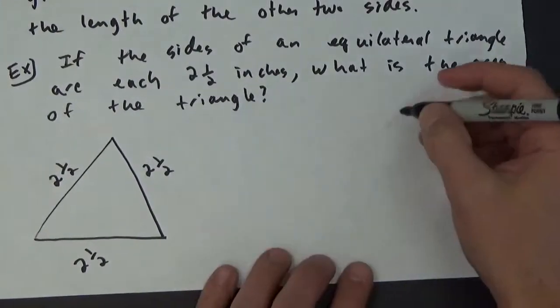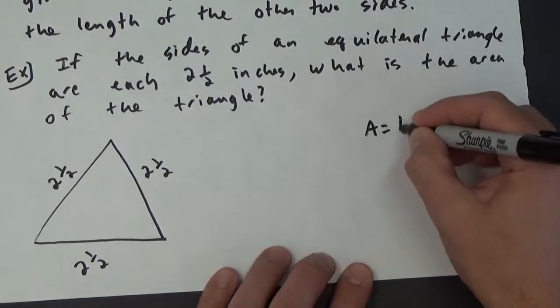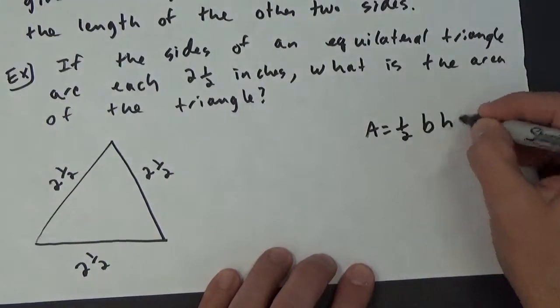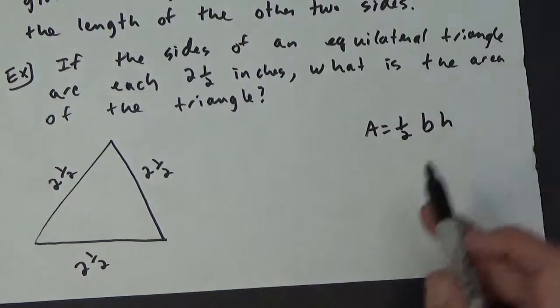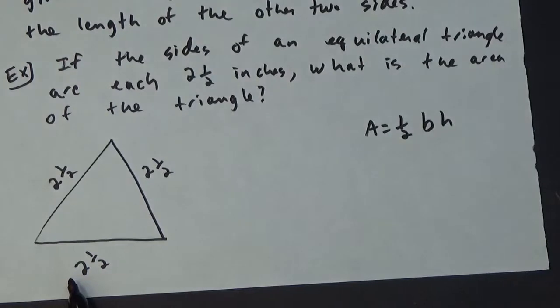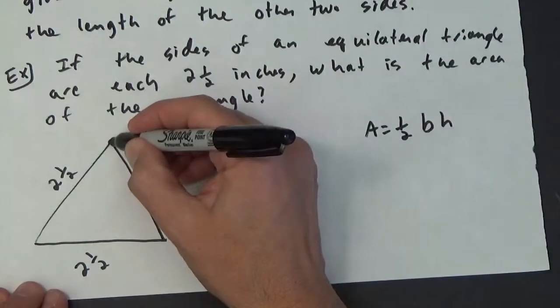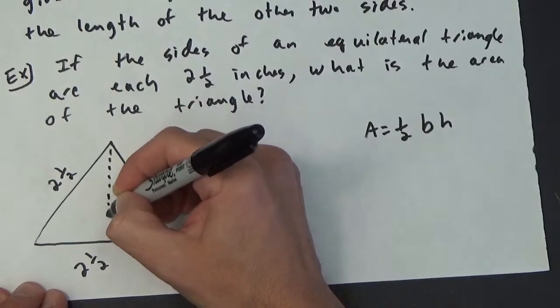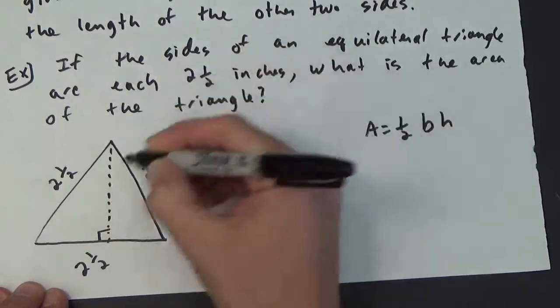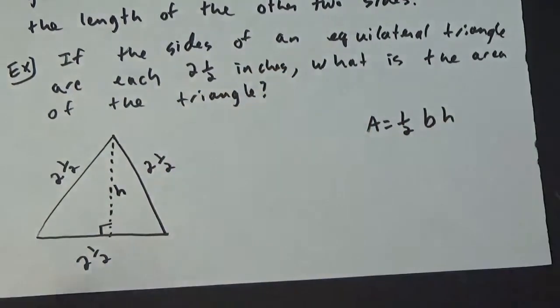All right, now we know in general, I'm going to write it over here, area is 1/2 the base times the height. Now we know the base is 2 1/2. What we don't have is the height. And so the height is the length of the altitude. So here's our altitude, and we want h. So how do we get the height?